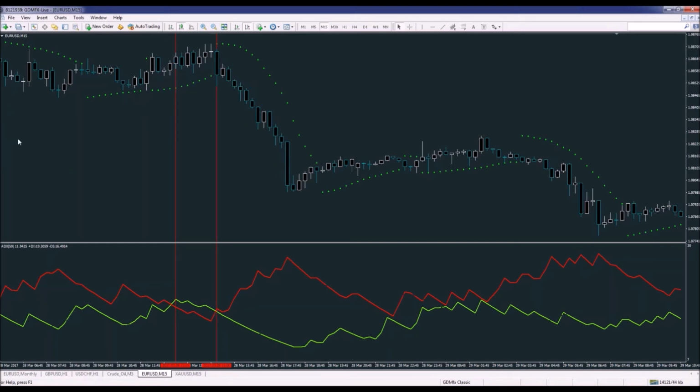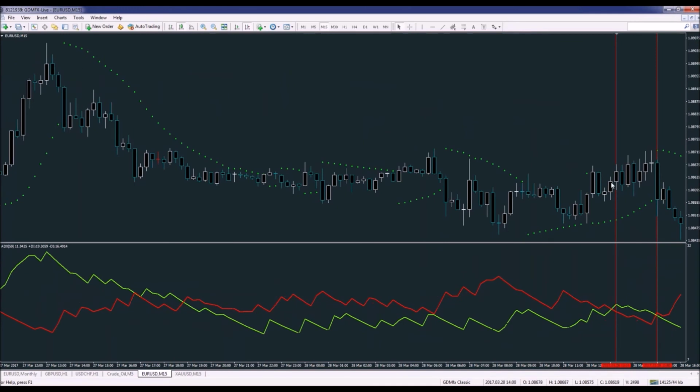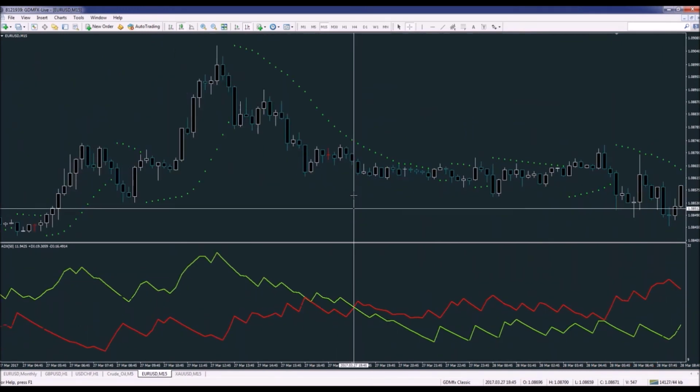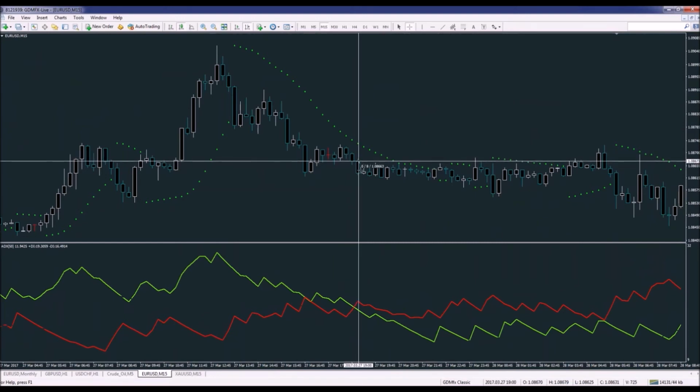Now, what I want to do is to go further back without marking these positions like that, just to follow on the crossover. So you can see the crossover occurred on this candlestick, the opening of this one.